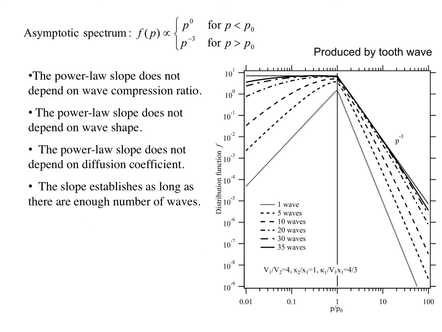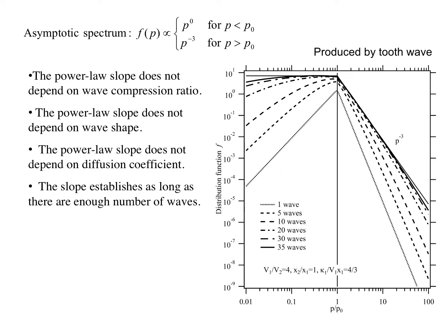Once the particle goes through a series of compressible waves, compression and decompression, the spectrum of original pickup ions will become wider. On the positive high energy side, it develops a spectrum that will eventually go to the p to the minus 3 spectrum.